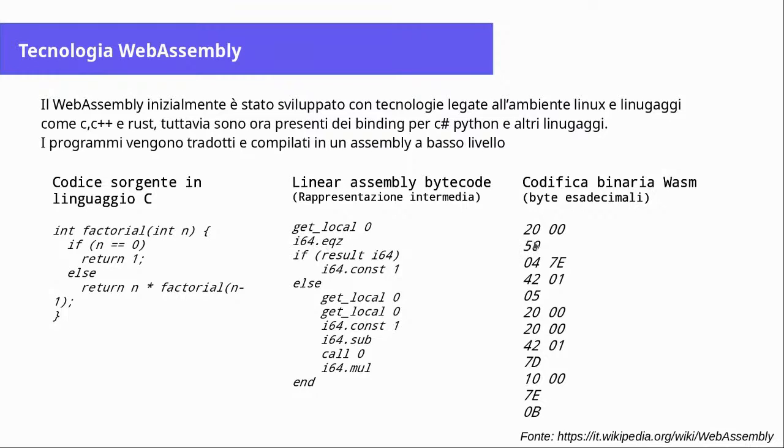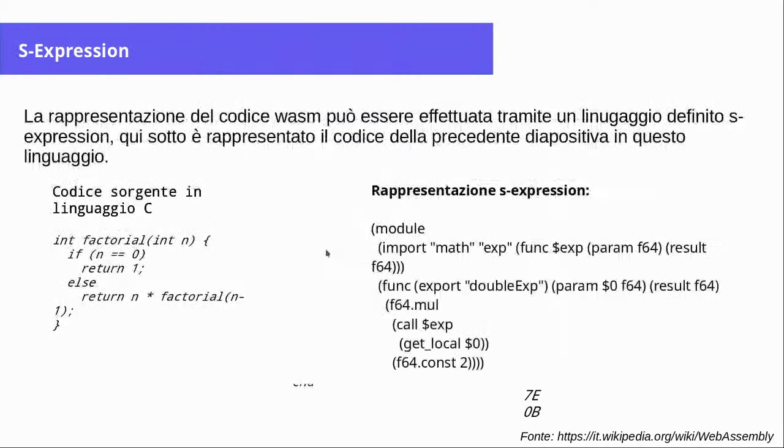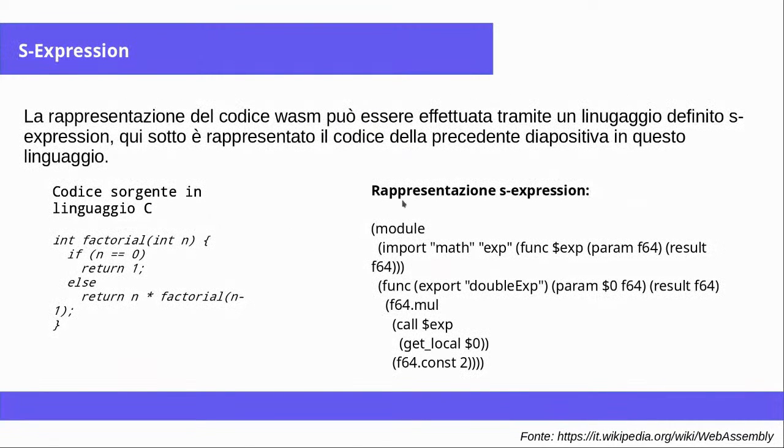The size of WebAssembly is really short, light compared to JavaScript for the same function. We have the language, which can be represented by the S-expression, a middle language between source language and binary code.